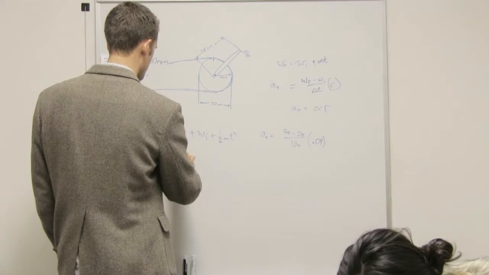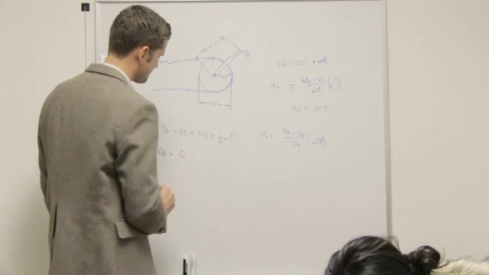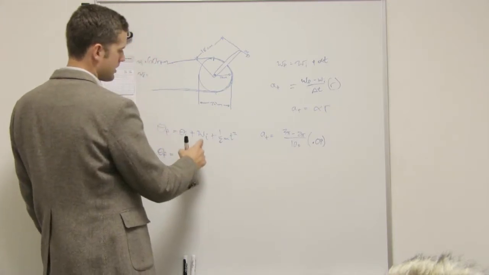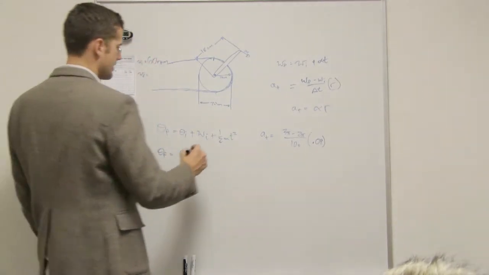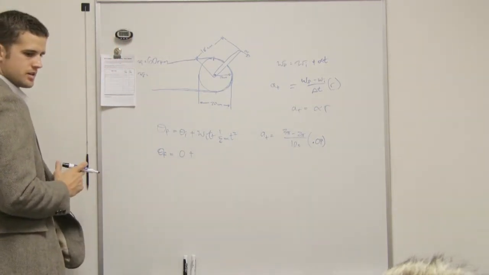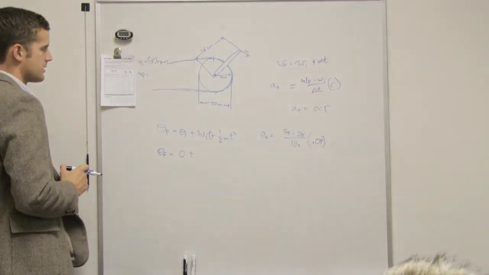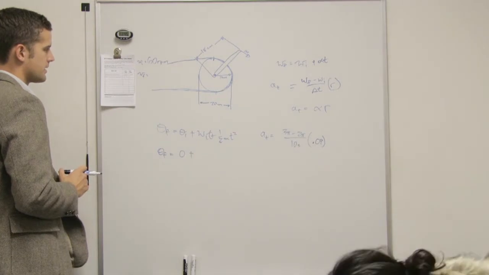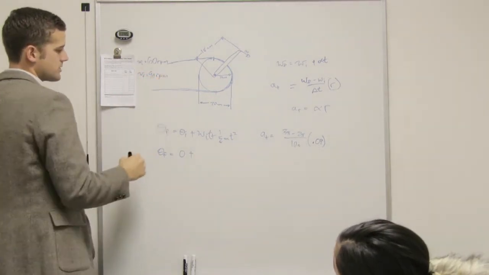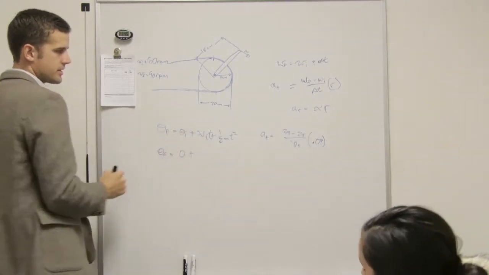We can start from wherever we want, so we might as well start from 0. What was our initial omega? Um, 60.